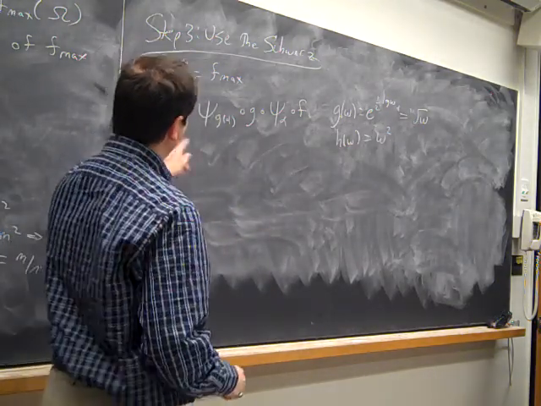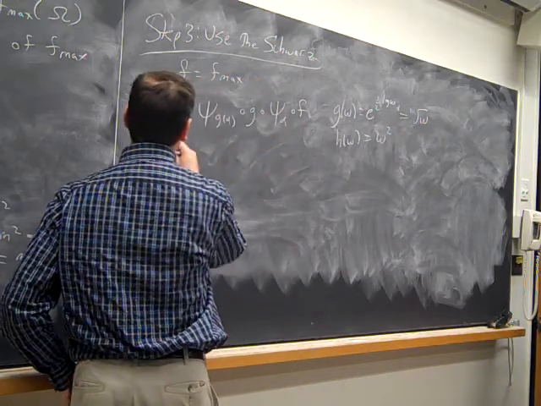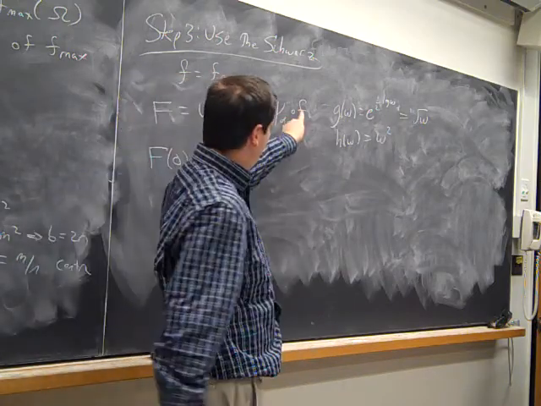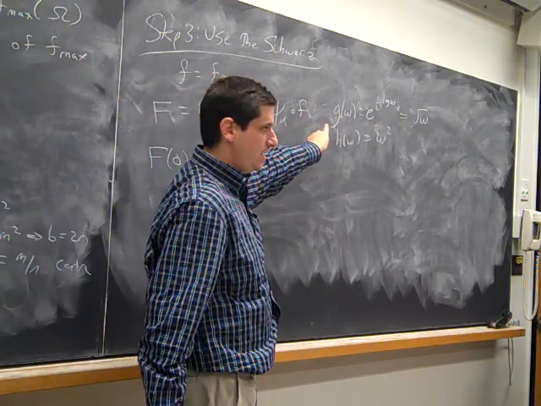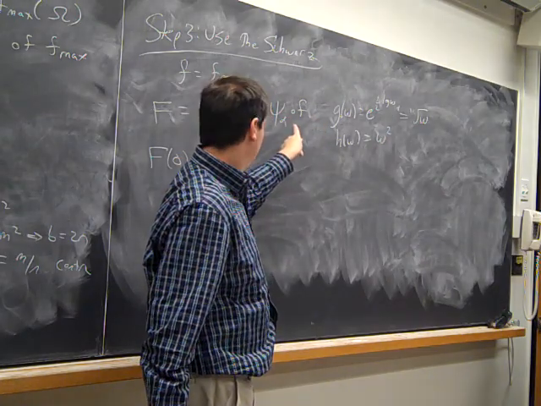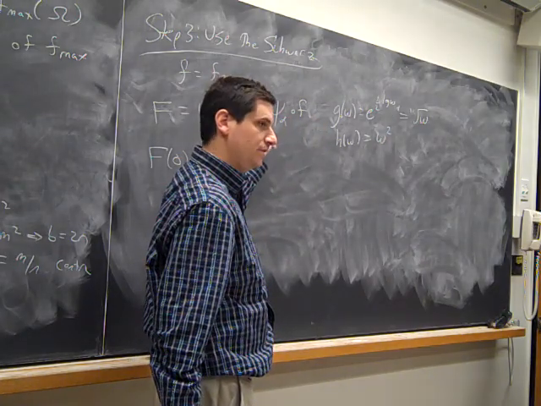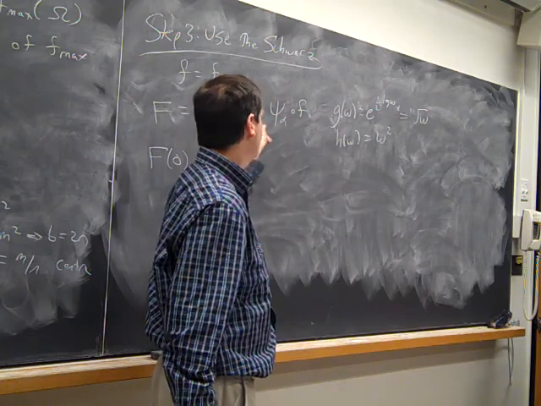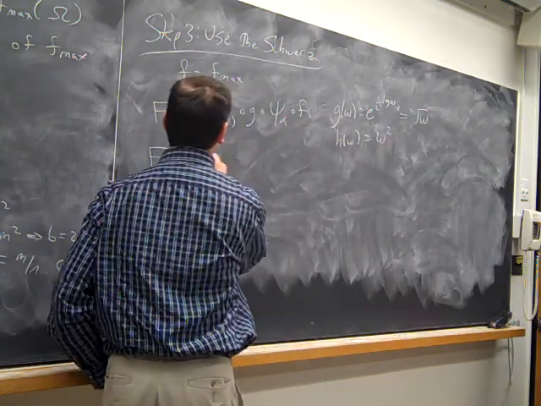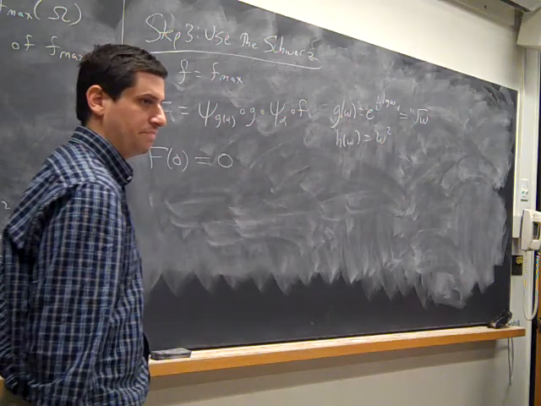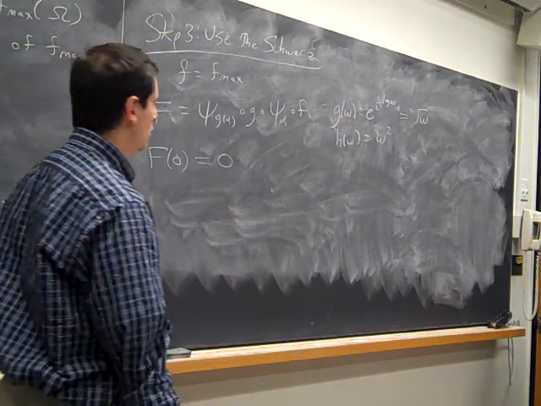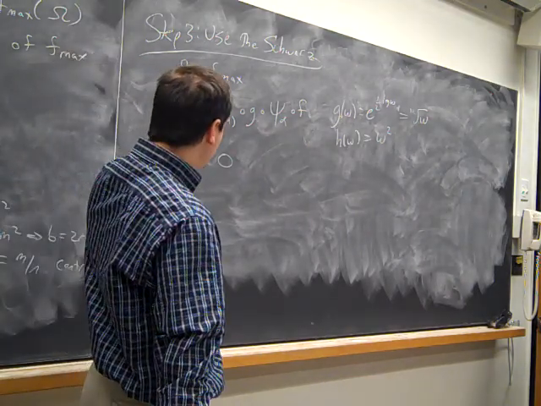So what does this do? If I look at big F of 0, f of 0 is 0. This sends 0 to alpha. I have g of alpha. And then c of g of alpha sends g of alpha back to 0. So big F of 0 equals 0. Why am I able to do this?